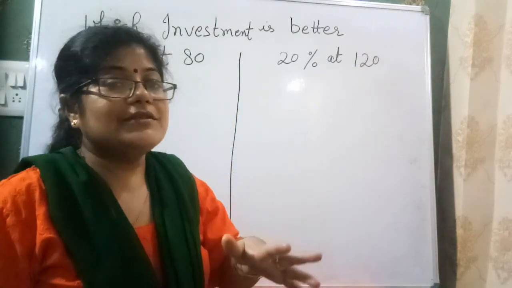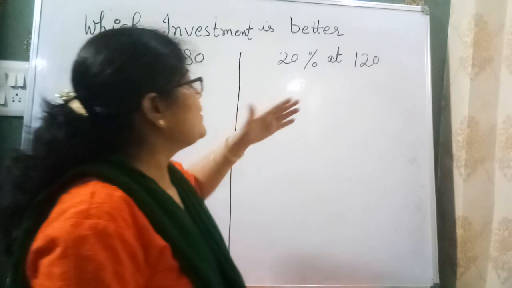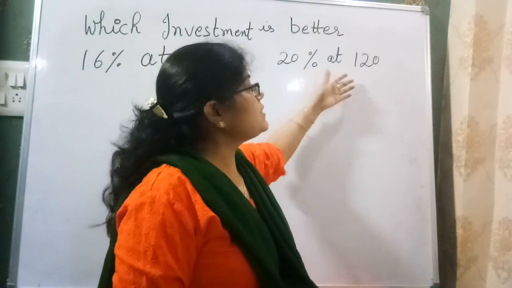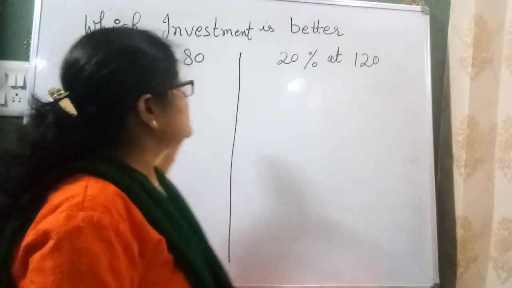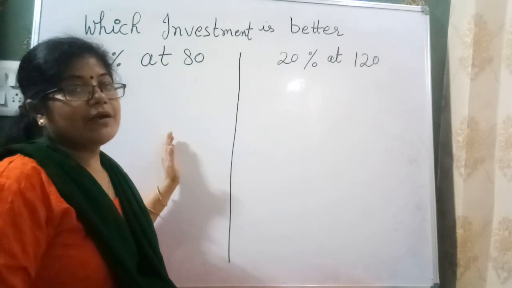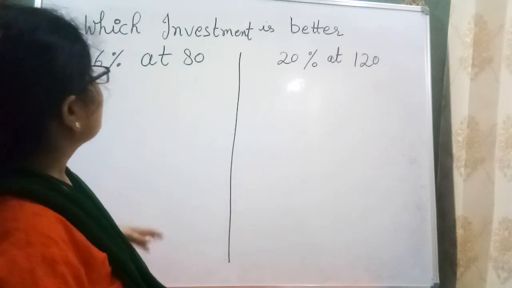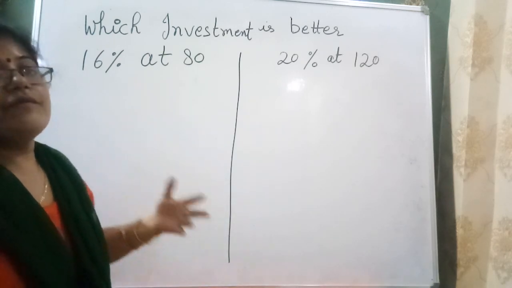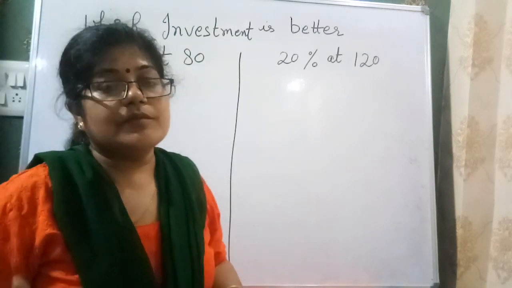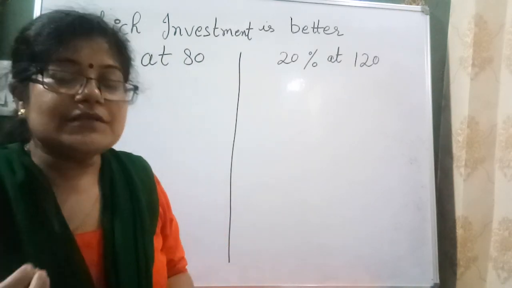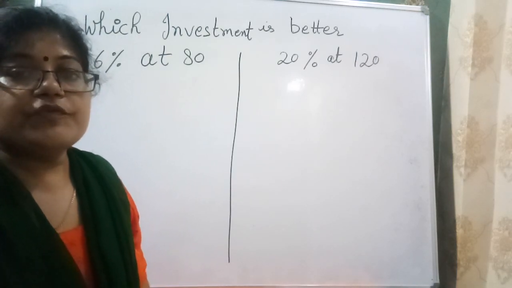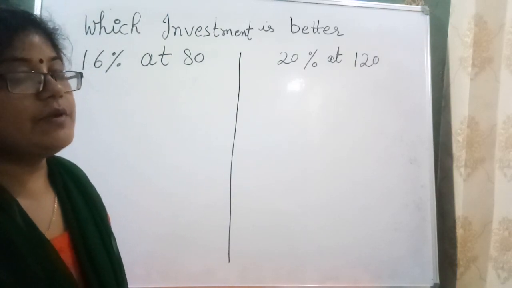But it is not necessary that the shareholder will get profit in this case because it is above par, and loss in this case because it is below par. Just see how it is possible. When we buy any share from the market, it is the profit which we earn from the company that is responsible for that.